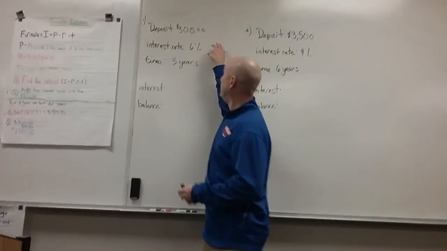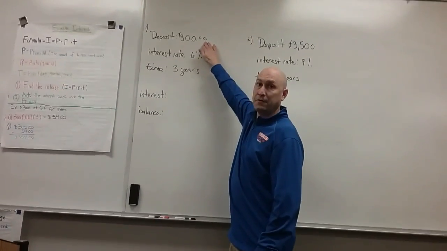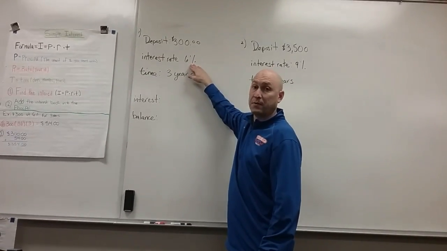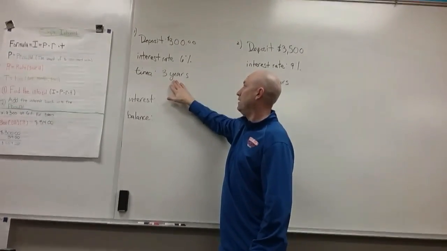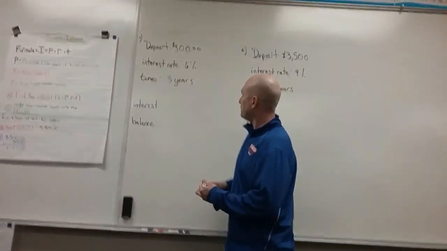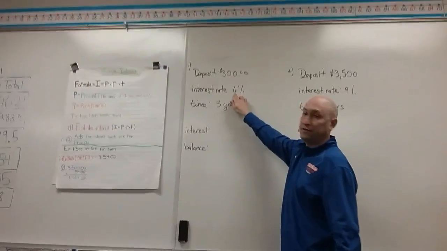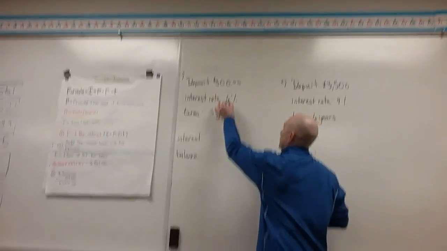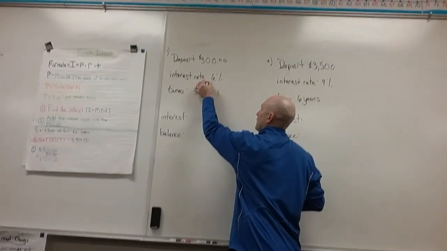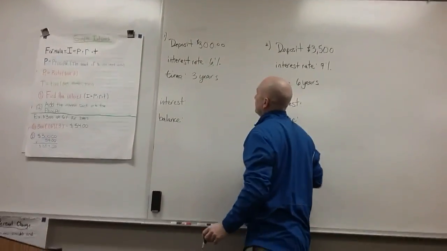So in our first example, I would deposit $300 into my bank account, and it's going to grow at a rate of 6%, and it's going to do that over a period of time of 3 years. So I want to change my percent to a decimal like we always do. I'm going to move my decimal over twice, and that's going to be 0.06.